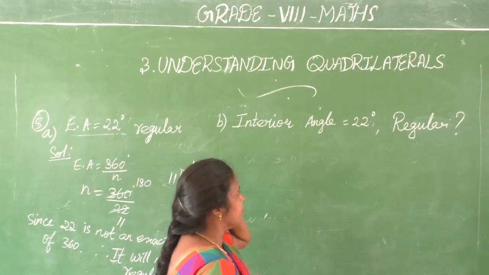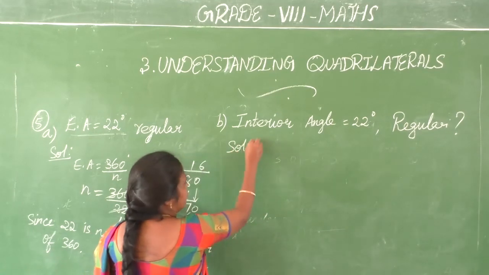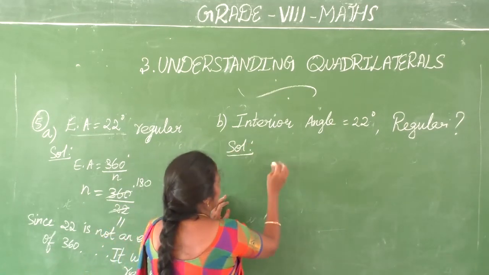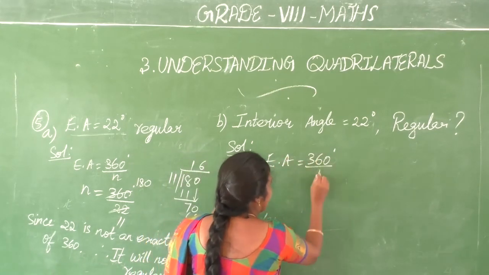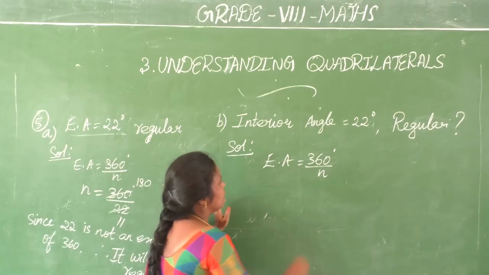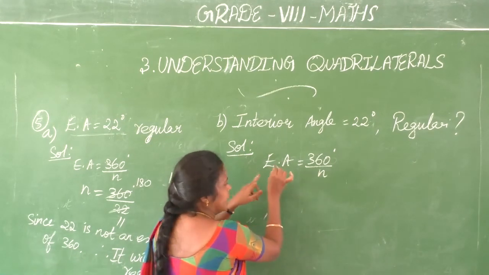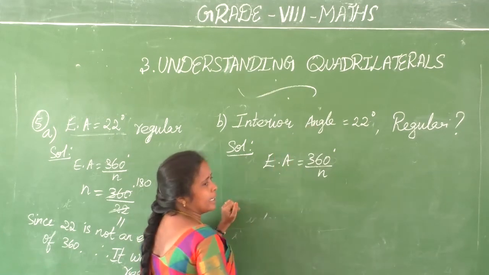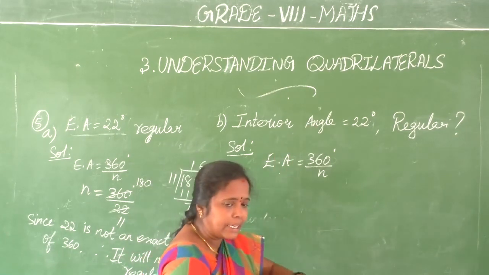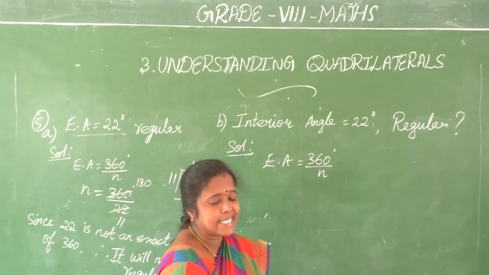Again we have to check the same way. What formula do we know? Exterior angle is equal to 360 degree by n. Number of sides we don't know. So for finding n, we need the exterior angle. But in the question they gave the interior angle. So with the help of the interior angle, we have to find its exterior angle.